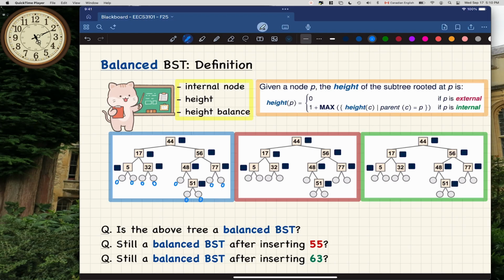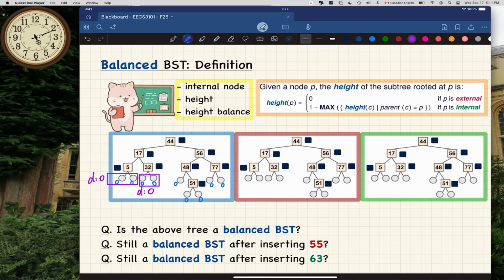For children at the same level, we can immediately consider their height difference. For example, for these two siblings right here, what is the difference of their heights? 0, right? 0 versus 0. And also for these two, the difference is also 0.